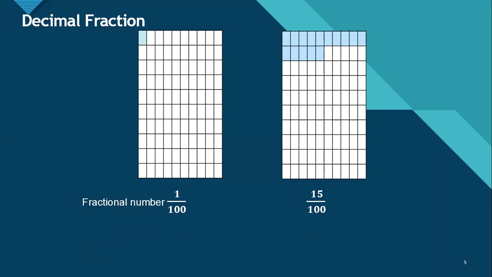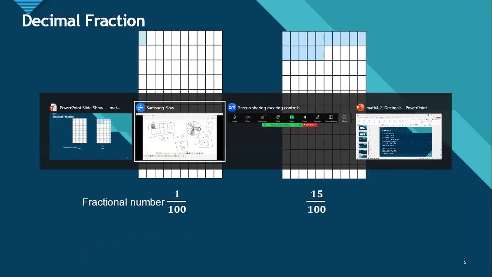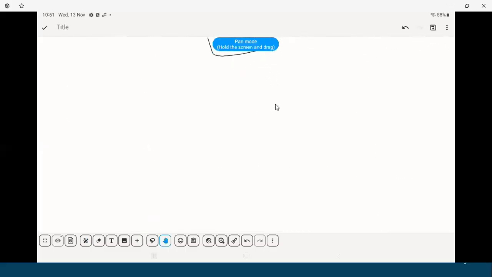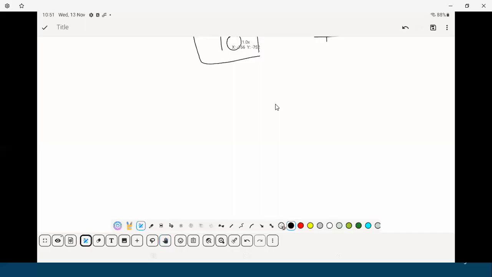So how will we represent these as decimals? Switch to the whiteboard. Now this 1 by 100, see, there are two zeros.